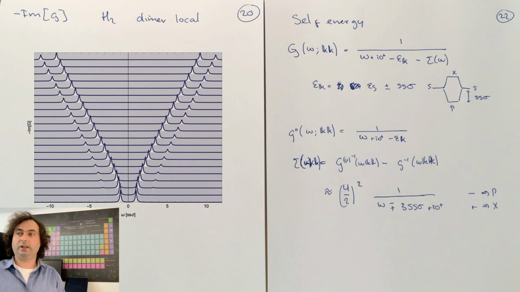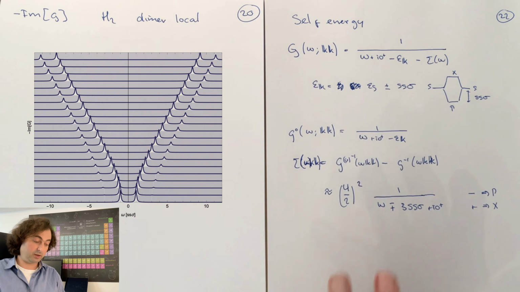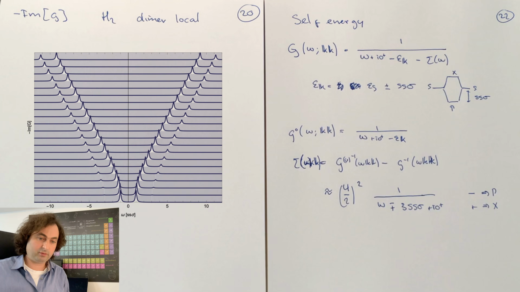That's not necessarily done because it is true, but it's done because it gives you a handle and it's solvable. You have to start somewhere when you go beyond mean field theory. And we know already that the mean field approximation is not done because Coulomb interaction is small, but because it works.